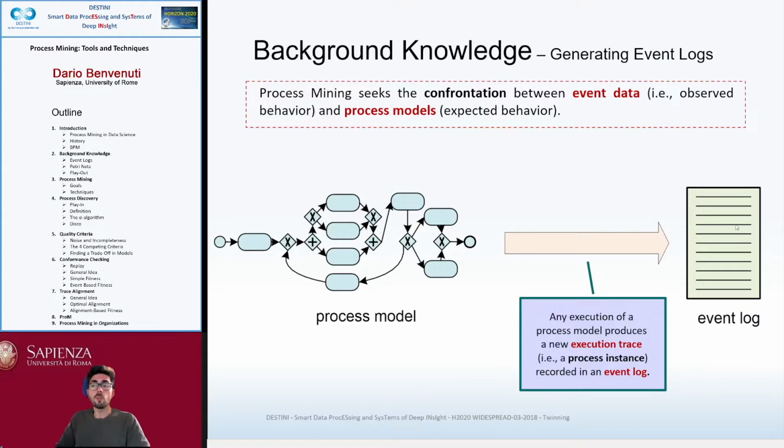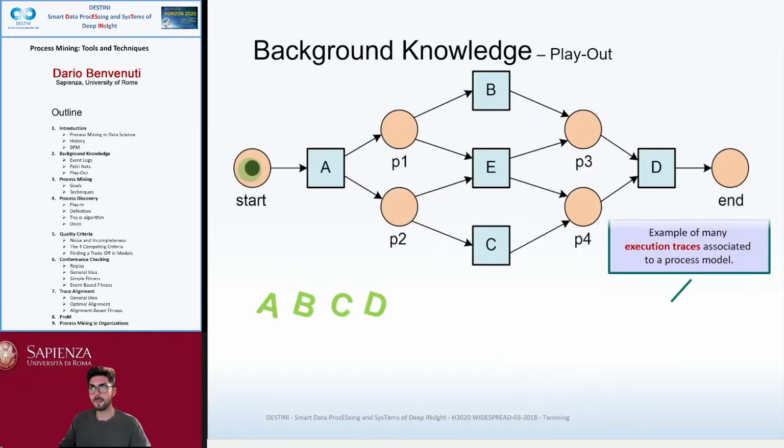So we can use models that we already have to generate event logs, and that's something very useful since process mining in the end seeks a confrontation between a process model and its event log. So any execution of a process model produces a new execution trace that is recorded in an event log, and that can be analyzed by using the techniques provided by process mining.